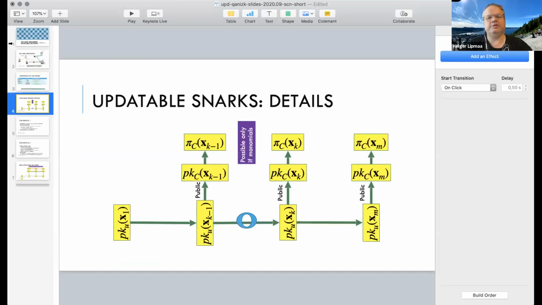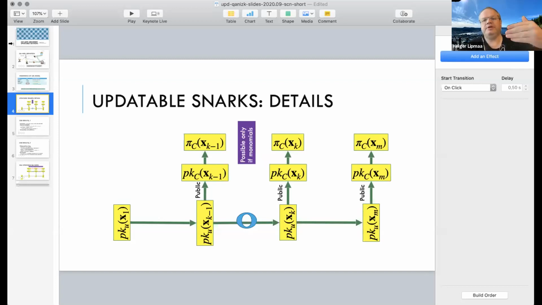In more detail, what does updating look like? In this previous model that was proposed for SNARKs, you had two different public keys and the argument. You had a universal public key that did not depend on the language. SNARKs are usually about circuits, so the universal public key does not depend on the circuits.